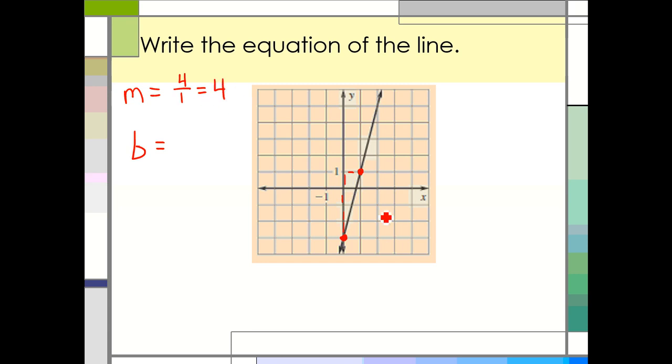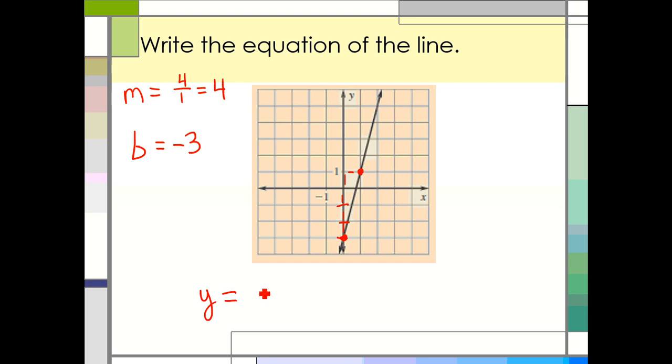And then for my y-intercept, take a look at where your line crosses the y-axis. The line crosses the y-axis at -1, -2, -3. So my b value would equal -3. Now that I have those two pieces of information, similar to the last slide, I can write out my slope-intercept form.